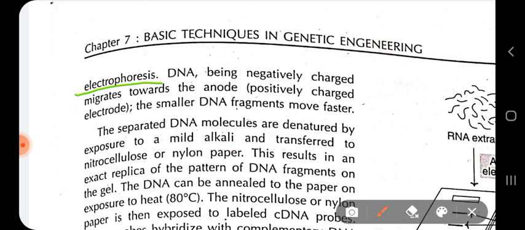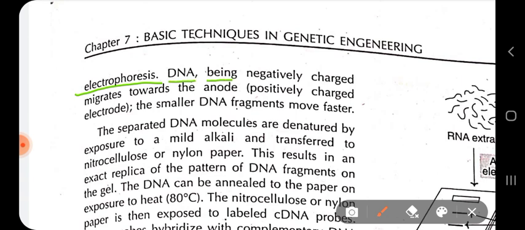We may use polyacrylamide gel or agarose gel. Generally agarose gel is used for detection of DNA bands, but we can also use polyacrylamide gel because it has a small pore size, so very small pieces of DNA can be resolved.